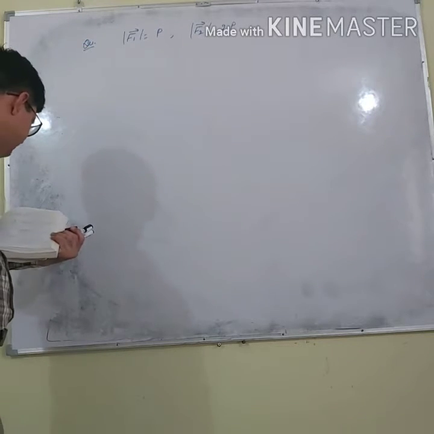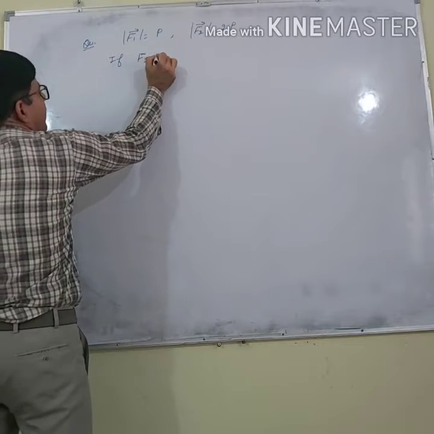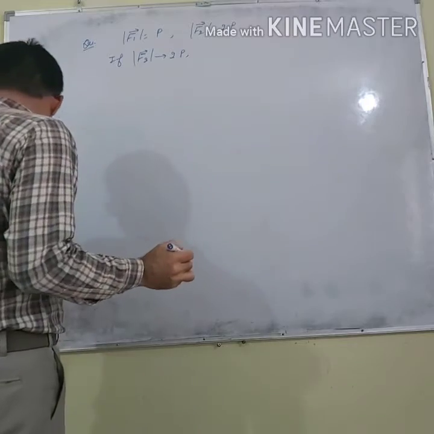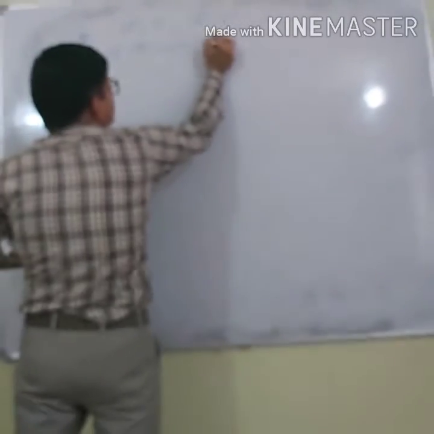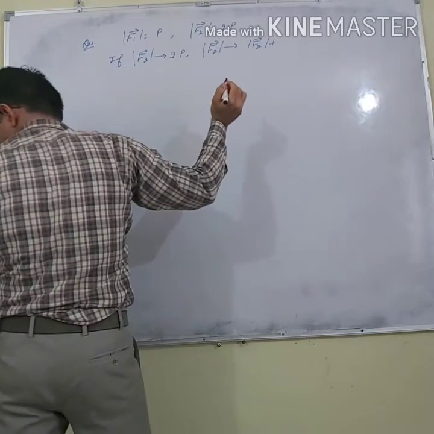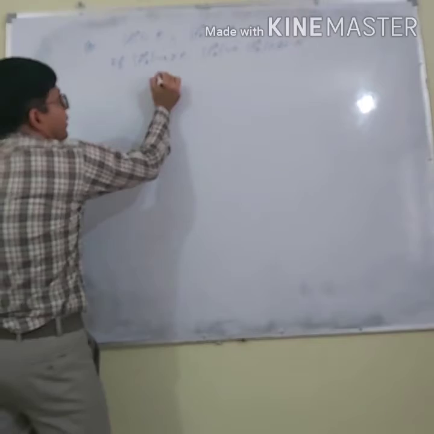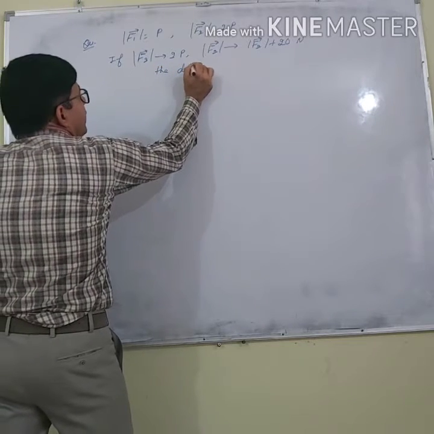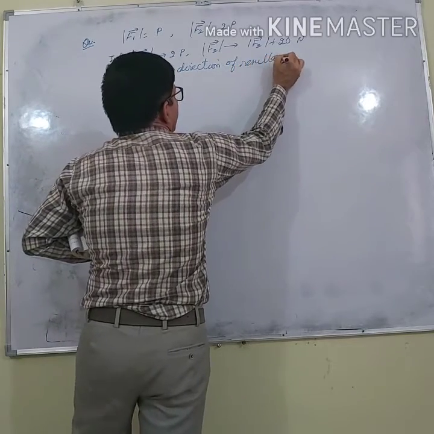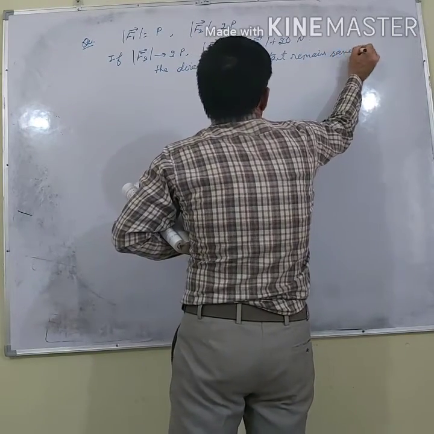It says that if F1 is doubled and F2 is increased by 20 Newton, the direction of the resultant remains the same.